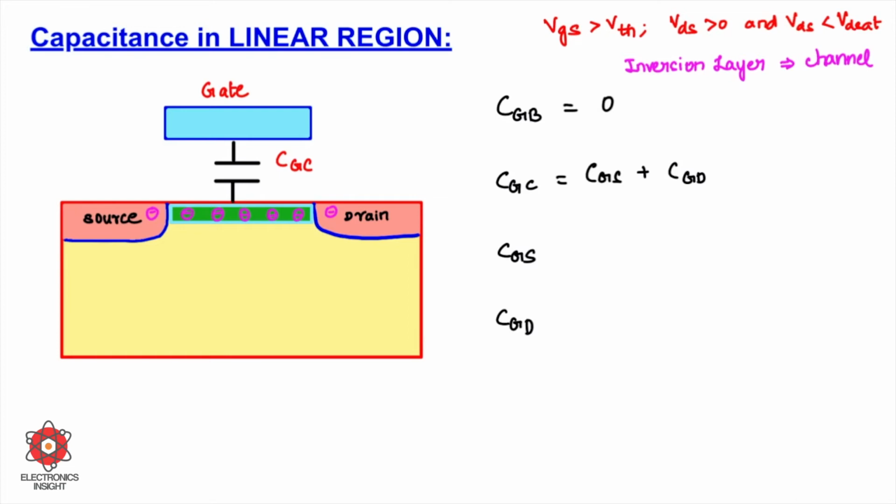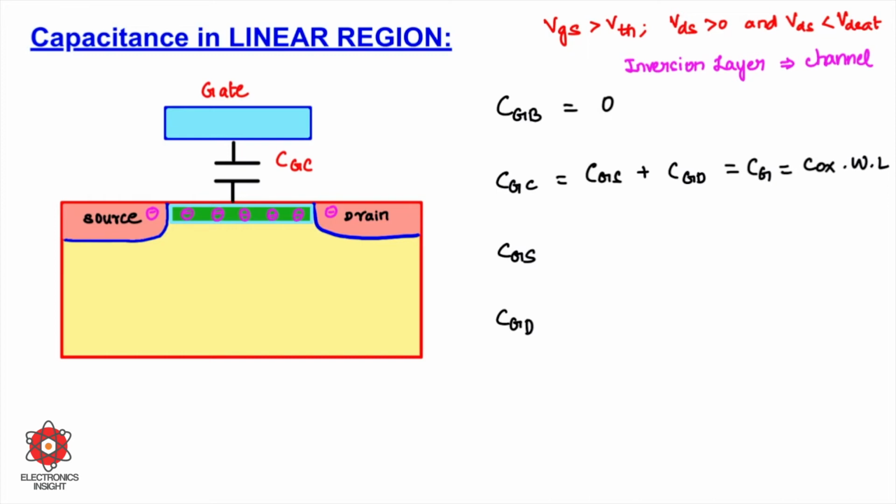So therefore this is exactly equivalent to CG, the gate capacitance, which we have derived in the previous slide, which is Cox into W into L. So we know that it is a combination of both CGS and CGD.